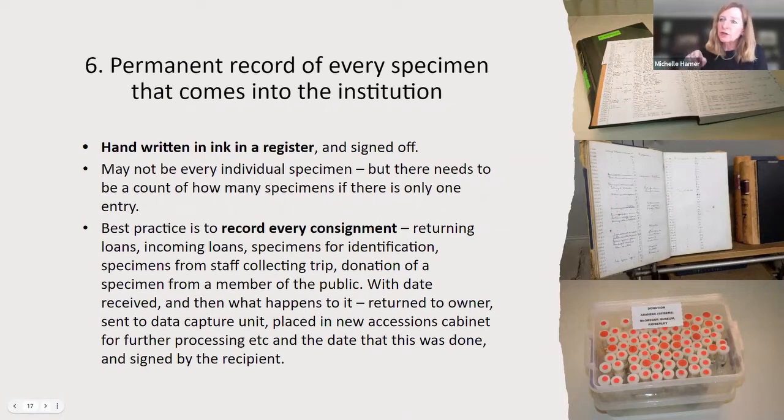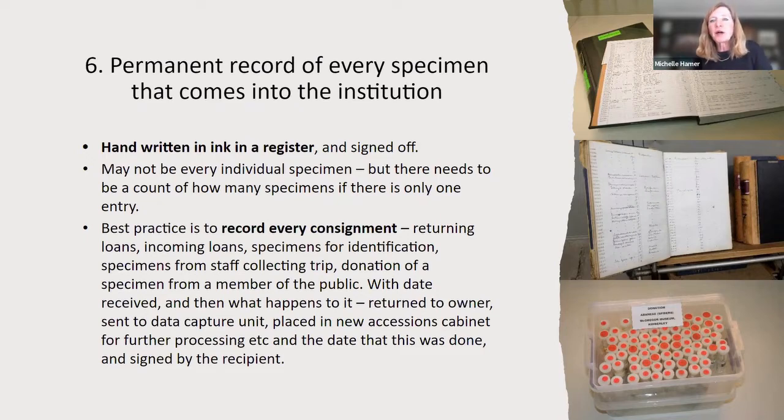But then you need to know how many specimens are in that consignment. So if you look at that bottom picture in the bottom corner there, you would count how many little vials, and you would say this was this one donation, and it's so many vials. So one entry, but you say how many vials.